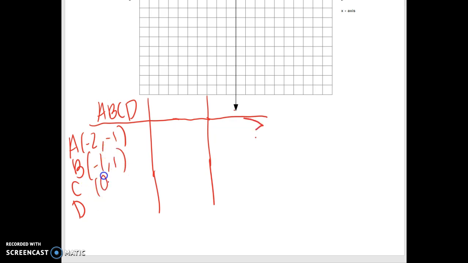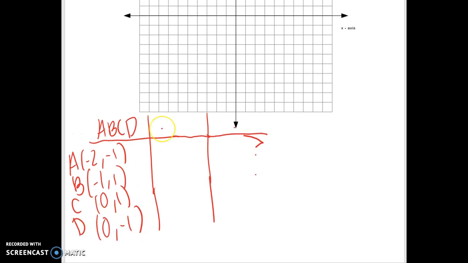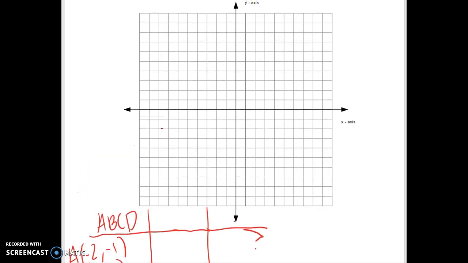My C was 0, 1, and I think my D was 0, -1. Let's just double check. Yep. Okay, so I'm going to plot these points. -2, -1, so that's A. -1, 1, that's B. Sorry, it was 0, 1, which is C, and 0, -1, which is D. So there's my first one.